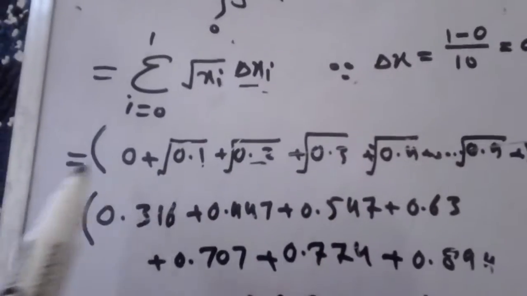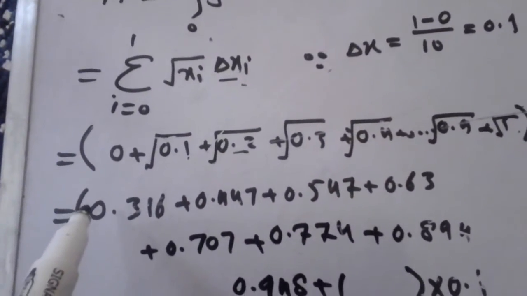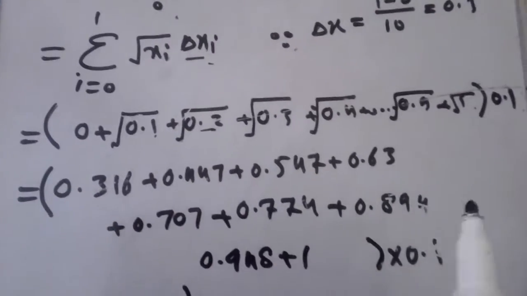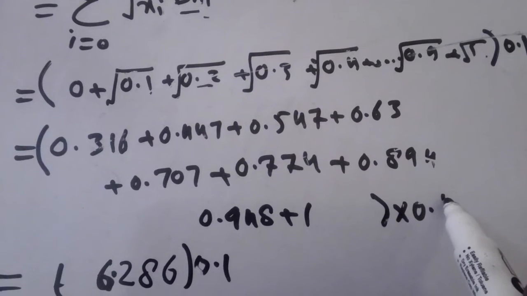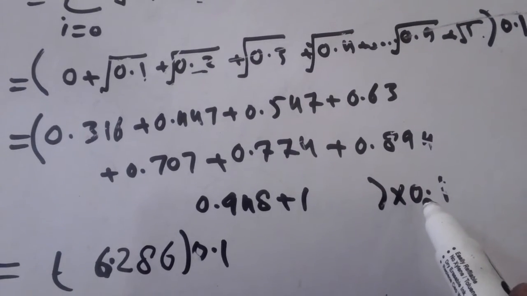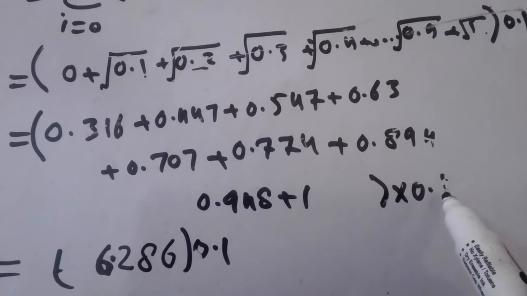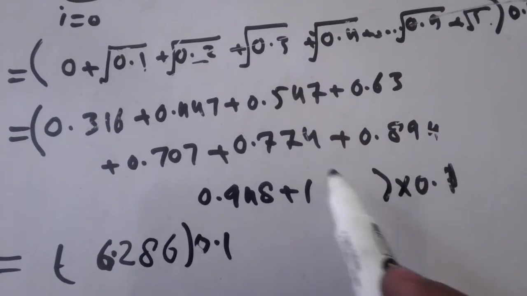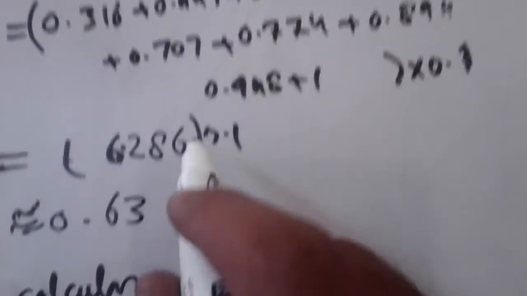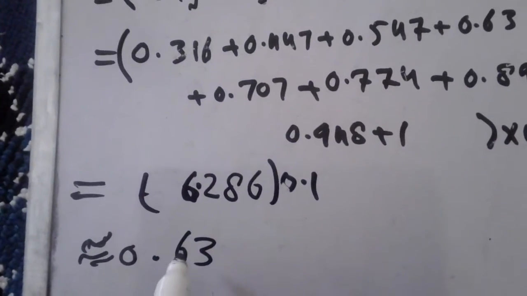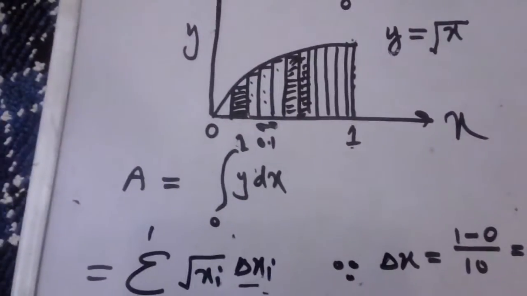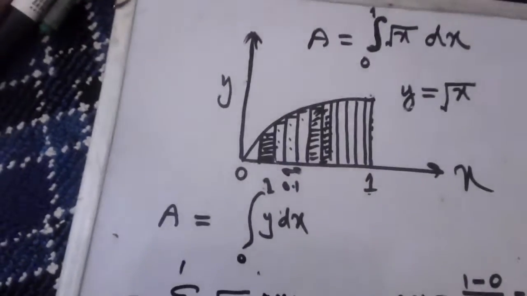When 0.1 is common, we calculate the square root values, and at the last we multiply by 0.1. When we added all these below, we got 6.286 times 0.1. The answer is 0.63.